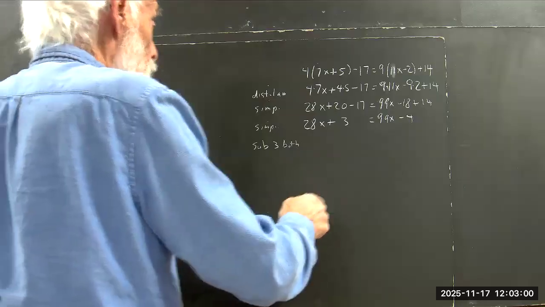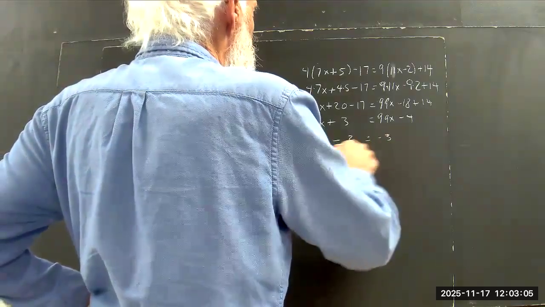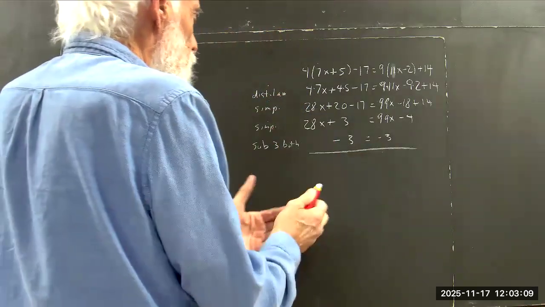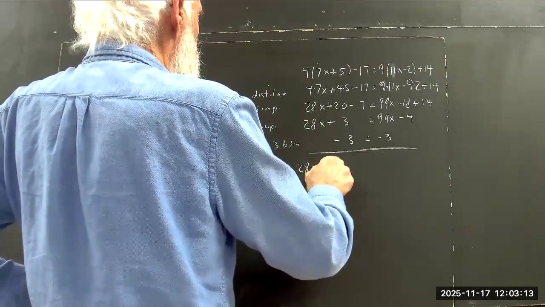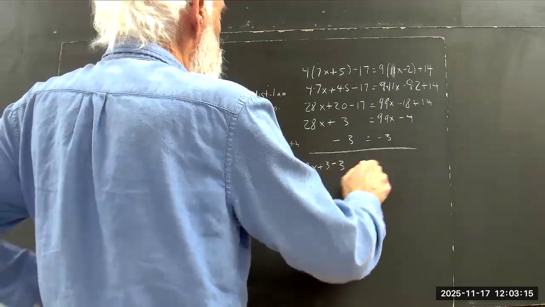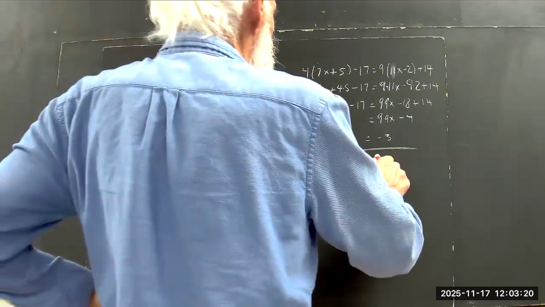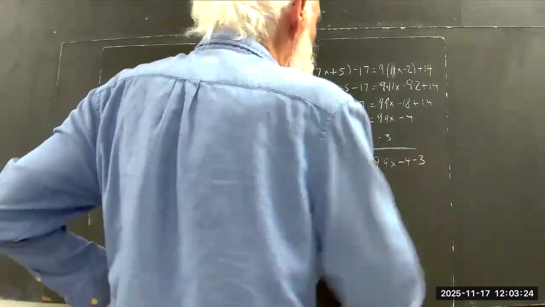subtract 3 from both sides, which means I'll add the equation negative 3 equals negative 3, and it's going to give me a true equation. I'm going to get 28x plus 3 minus 3, right out this step, equals 99x minus 4 minus 3.